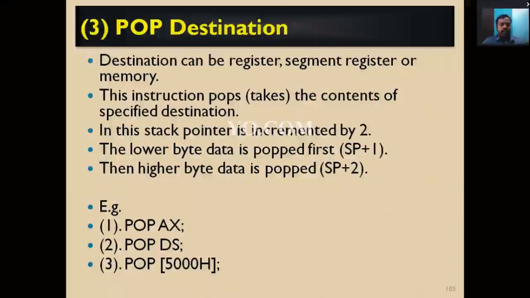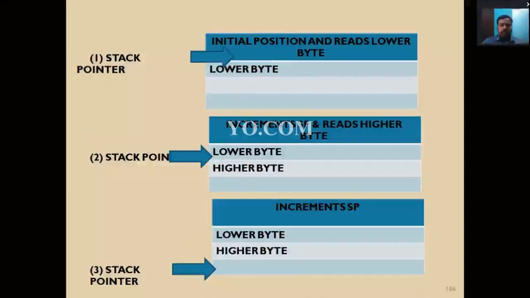First we take the lower byte data, then after that we take the higher byte data. So pop AX, pop BX, then pop [5000]. The data stored in the stack is moved again to the concerned register or memory. This is an example of the pop instruction.